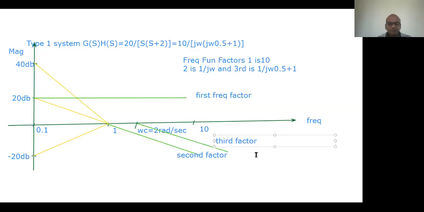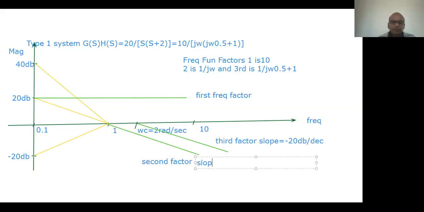Slope equals minus 20 dB per decade. If you see, in the first the slope is equal to 0.